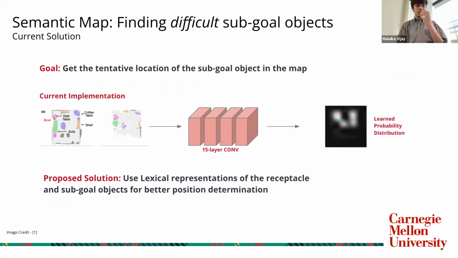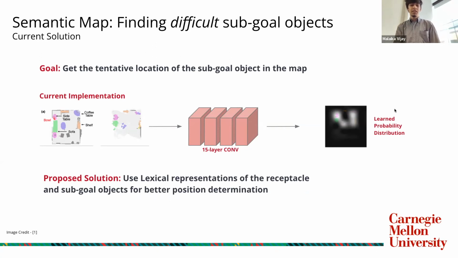Right now, the current implementation within FILM is a deep convolutional network, almost 15 layers deep, which operates on the semantic map output to give a probability distribution. This probability distribution has very low granularity, and as you can see, it results in a very blurred output map.